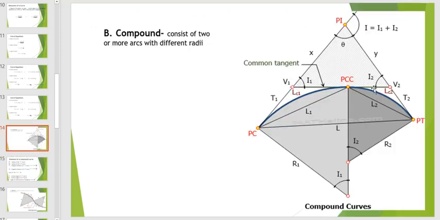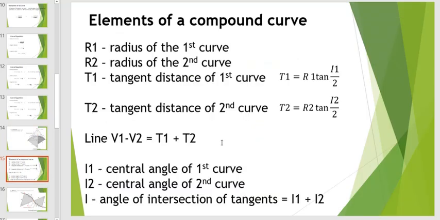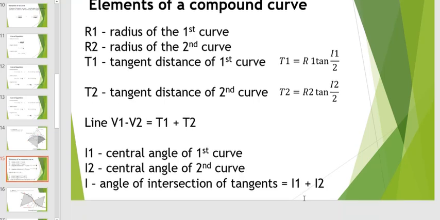So this line from the PCC is equal to T1, and this line from the PCC to B2 is the same as T2. I1 is the central angle of the first curve, I2 is the central angle of the second curve, so I, the angle of intersection of the tangents, is equal to I1 plus I2.